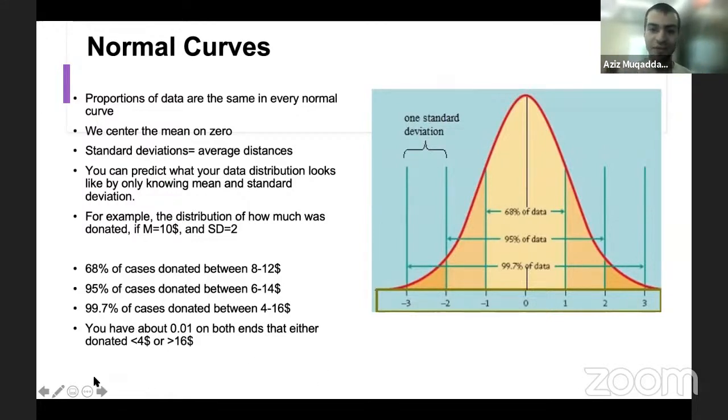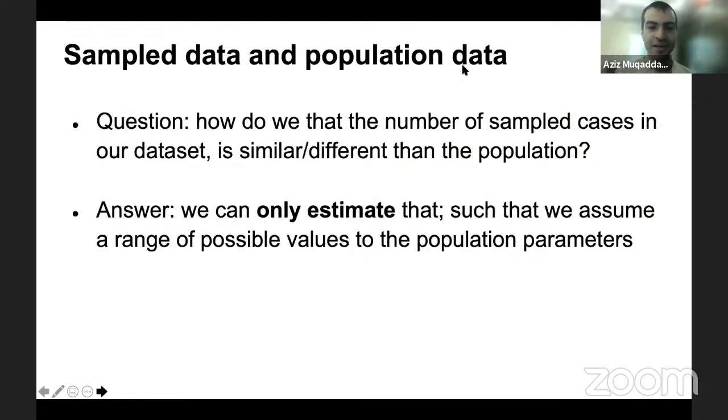So hold on to that thought for a second. Imagine now we're going back to statistical analysis of specific hypotheses. How do you know that, for example, a group of participants or a group of sample subjects are different than the population?